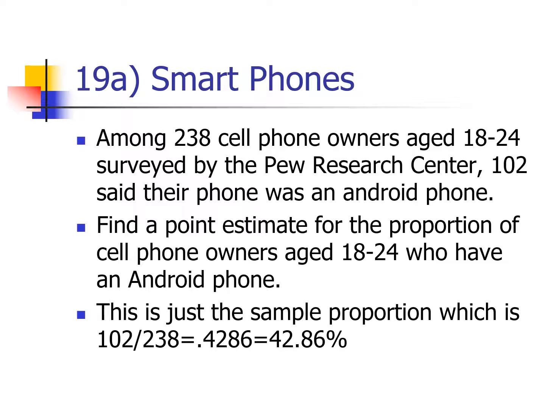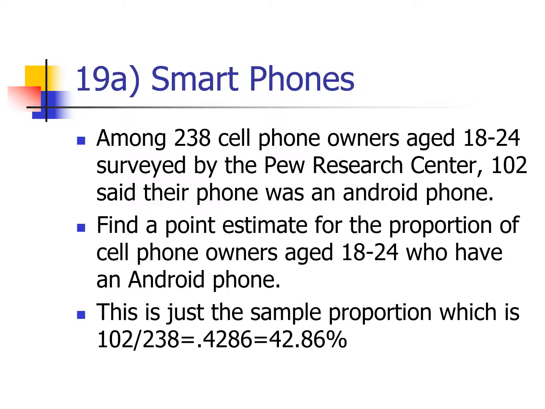What that technically means is that 43% of our sample have an Android phone, but we want to know what percent of all 18 to 24-year-olds have an Android phone. So 43% of our sample, but we're interested in the percent of the population.